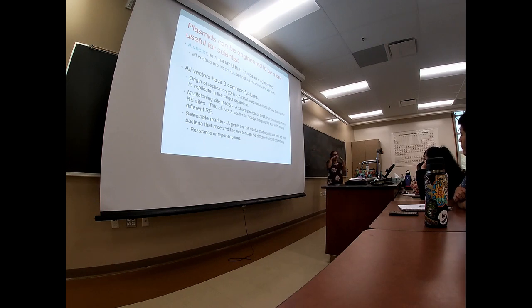Ideally, you just want to cut once, or if you're going to cut twice, they need to be in close proximity so that you're only losing a very tiny piece, and it can open, and then you can insert stuff in. Does that make sense? So this is something that's engineered for ease of use, so that if you do cut with BamHI, it's not going to be found anywhere else and cut anywhere else. Okay? So that's the multiple cloning site.